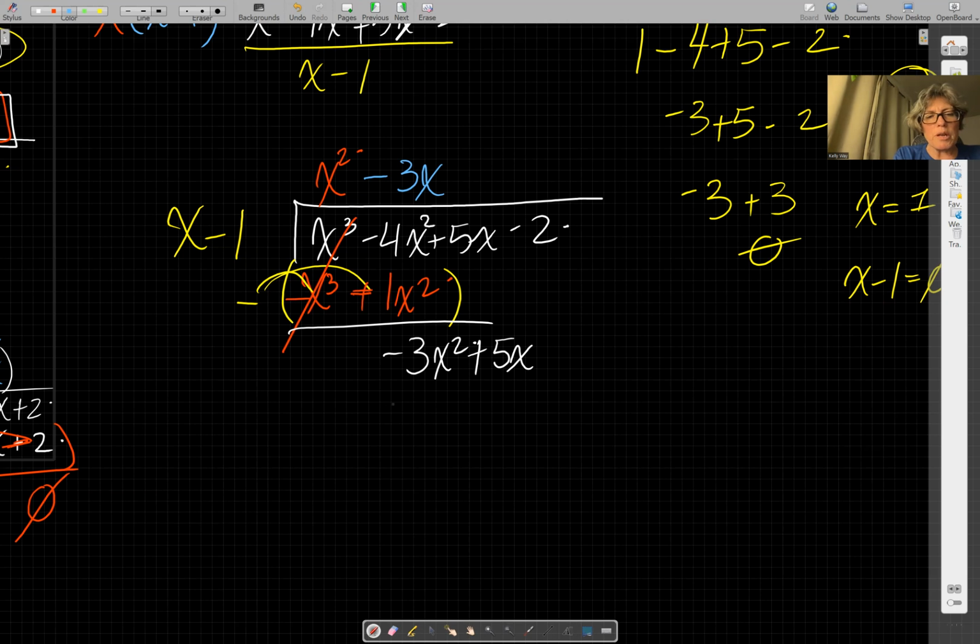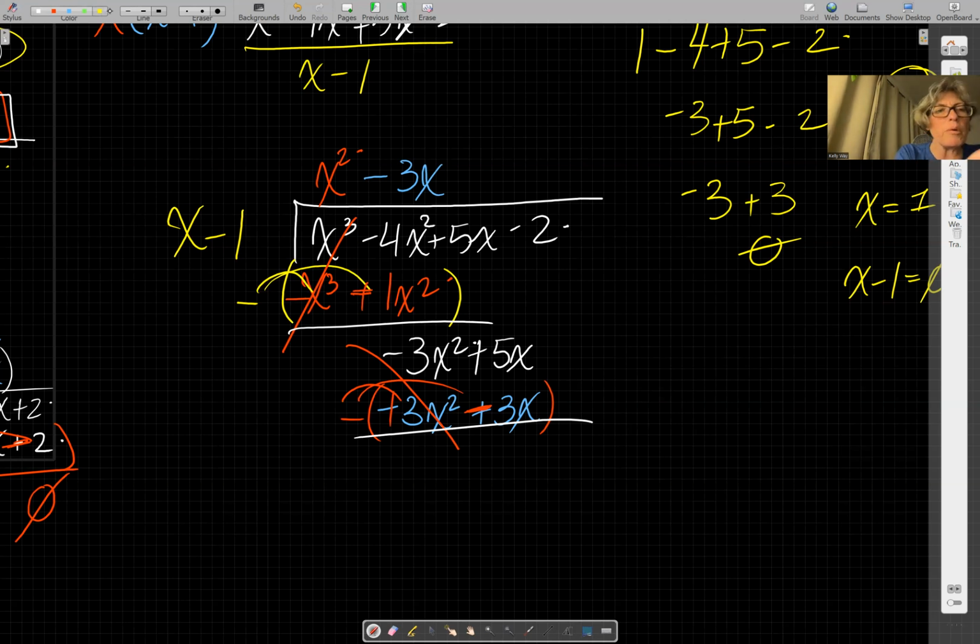So this is going to be negative 3x squared plus 3x, minusing this entire entity, distribute, that makes that positive, makes that negative, that cancels. And so we are going to end up with, running out of colors here, positive 2x minus 2. So now we're going to add 2.